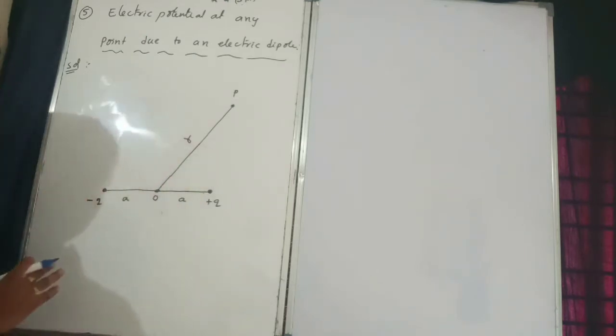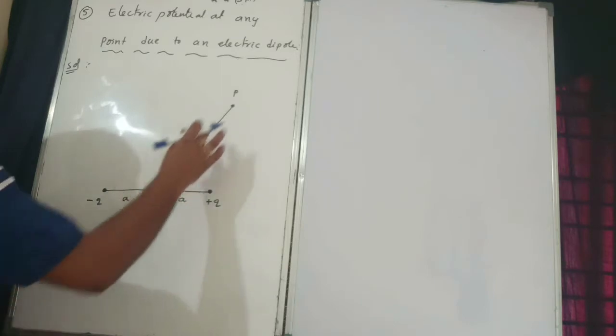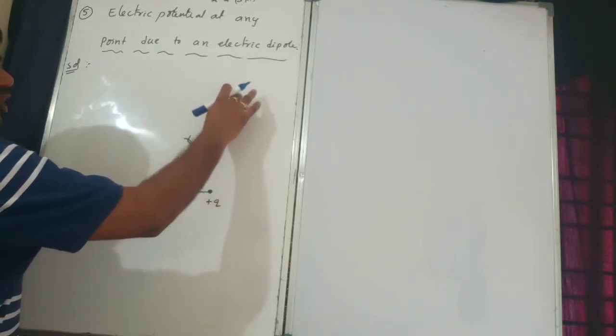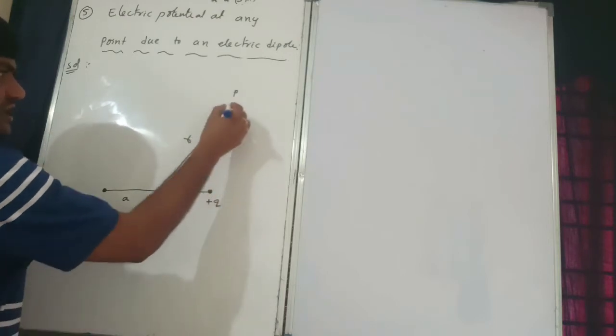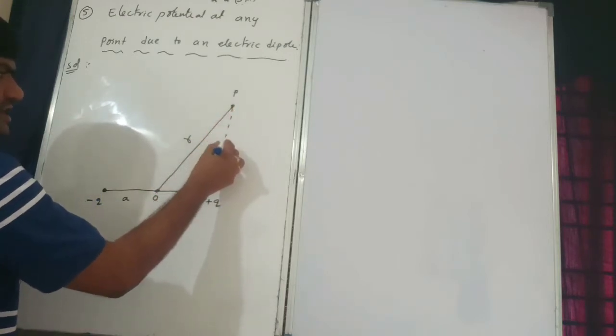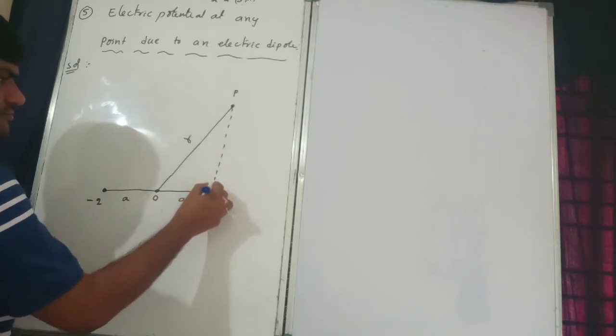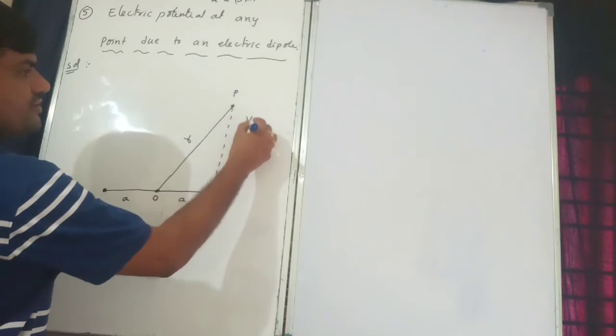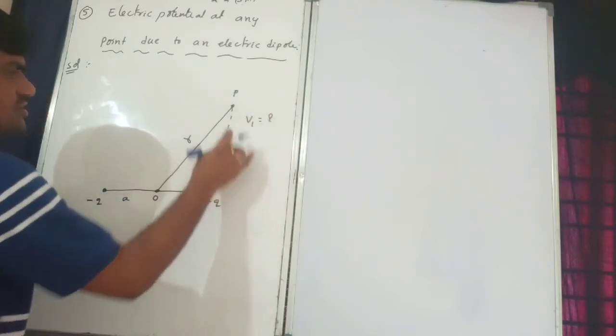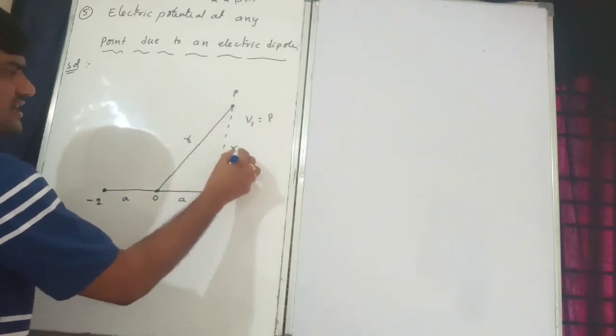Then I am asking the potential at point P due to the positive charge. This is V1. V1 is equal to how much? How much distance do I want to consider? r1.